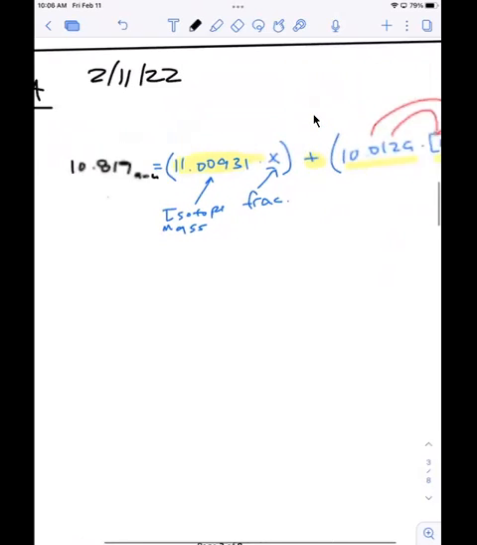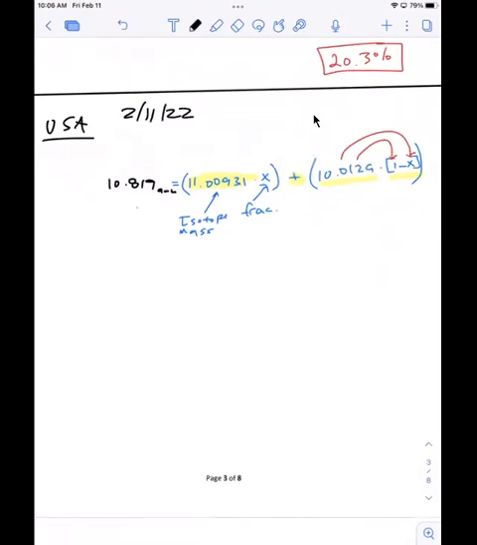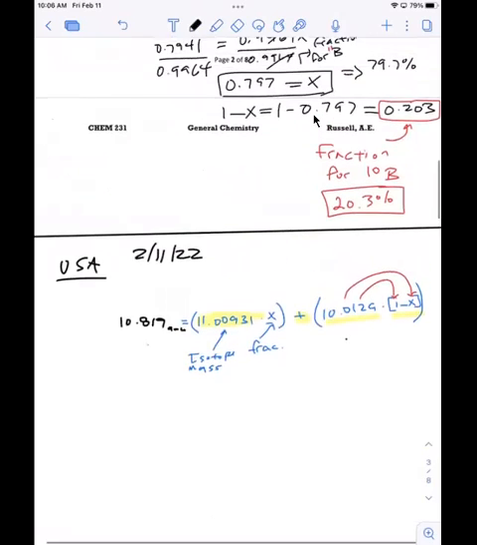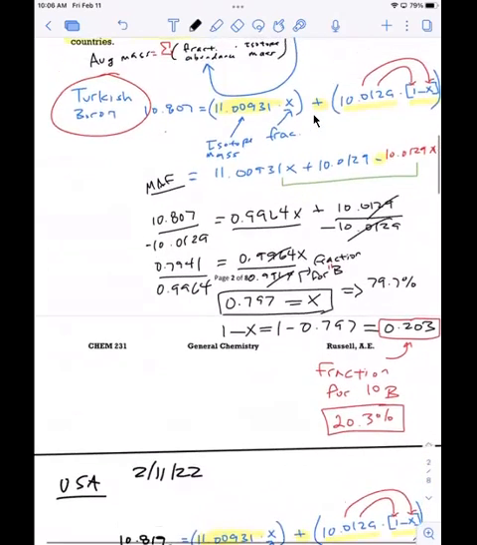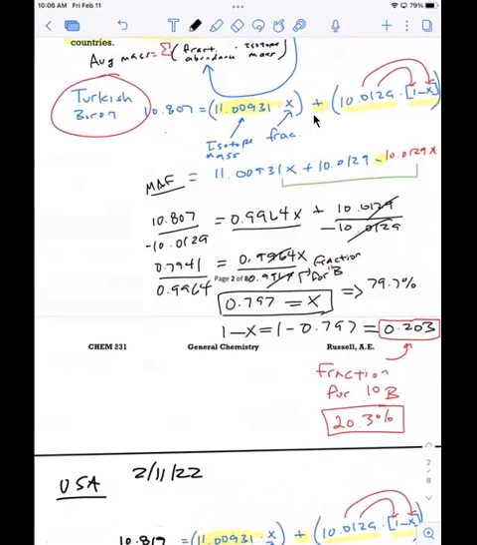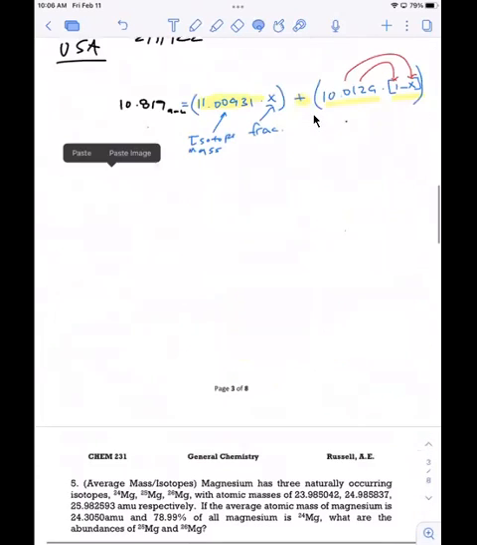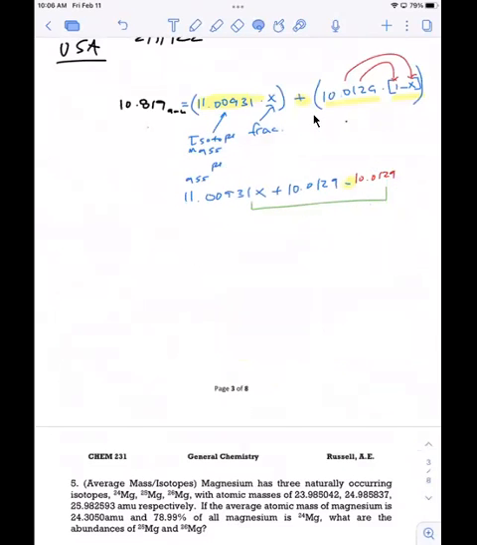All right, so same setup. Everything is the same except that number. None of this changes.